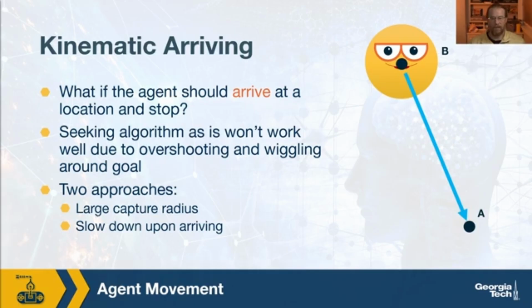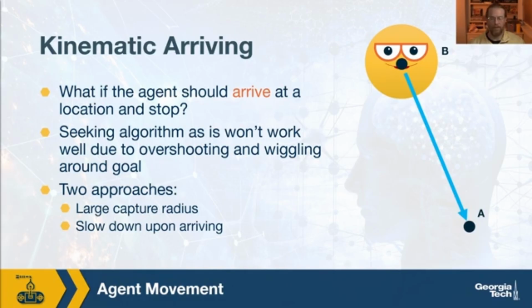As it gets closer and closer, it might never actually land, and it might be impossible for it to land exactly on the point. When you try to do any sort of comparison, say that vector A equals vector B, those two positions might just never match. And so you're going to keep having the agent zigging and zagging and wiggling, trying to move towards the goal at maximum speed all the time and just never getting there.